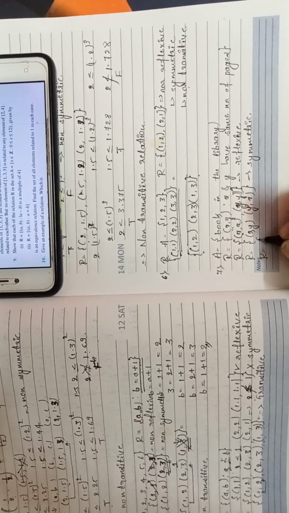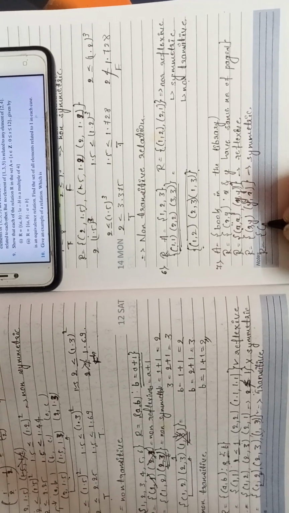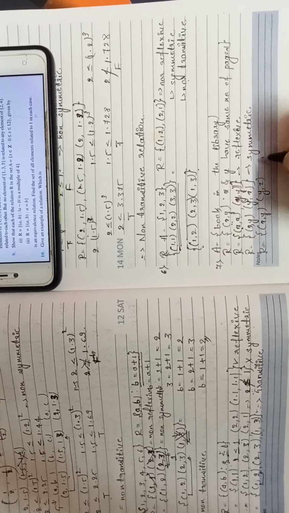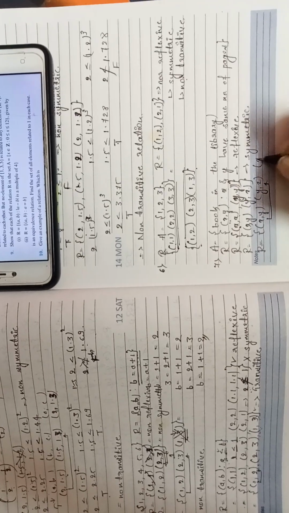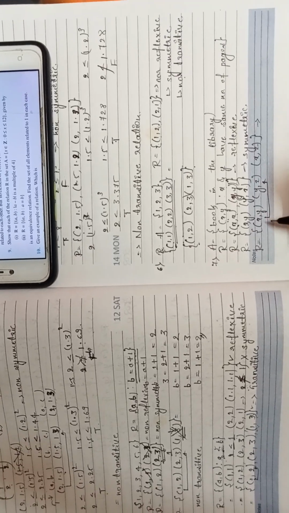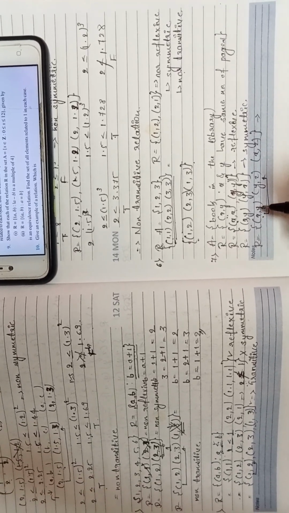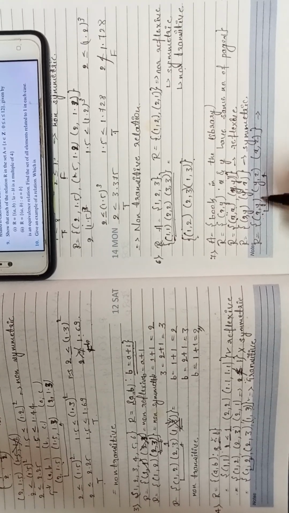Next, I have to check for the transitive. See, if (x, y) belongs to R and (y, z) belongs to R, for the transitive I should take these two, so that is (x, z) belongs to R. So let me check this condition. x is having same number of pages and y is having same number of pages. So I can define (x, y).